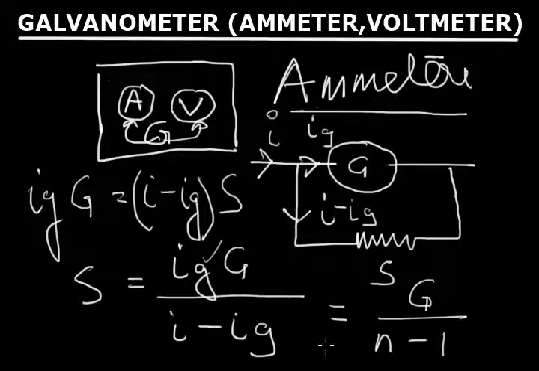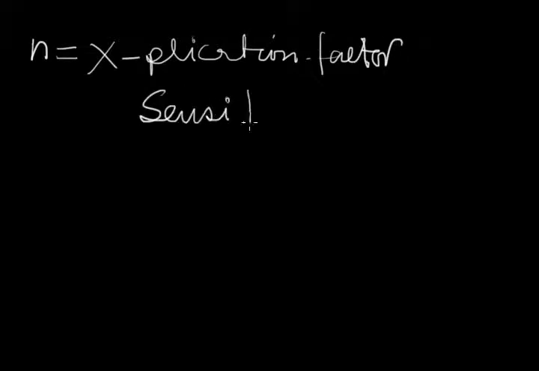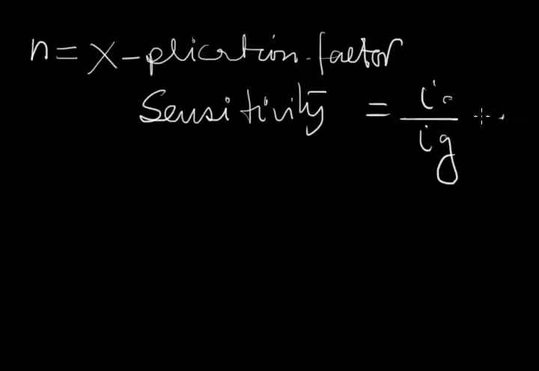So n is basically the ratio of I and Ig, and n is also known as a multiplication factor. Now it is also called the sensitivity, and as you can see, it is a ratio of I by Ig. So this is all we can have right now for the ammeter.